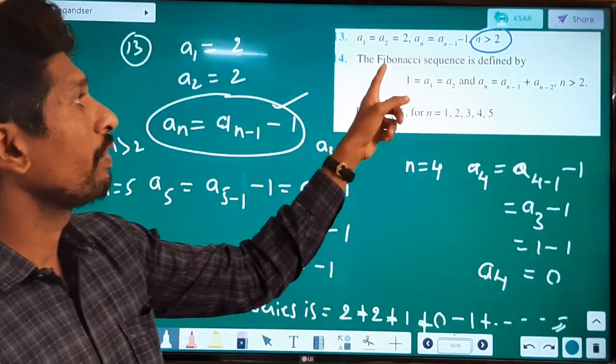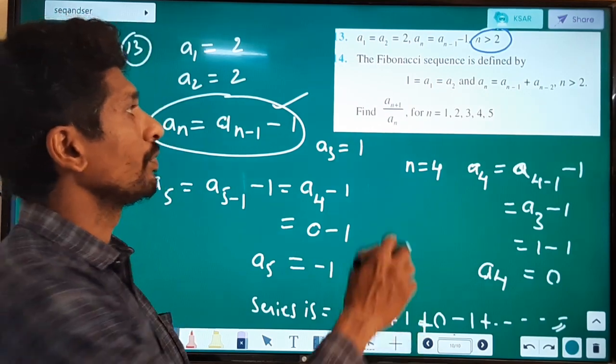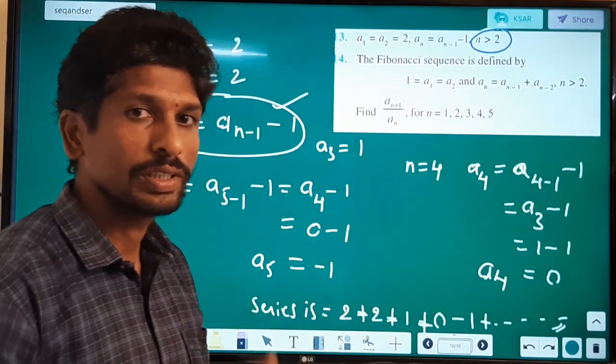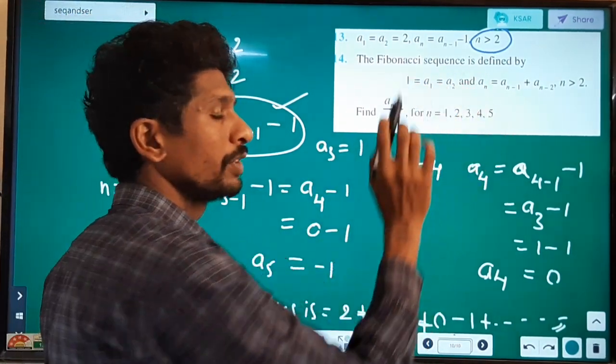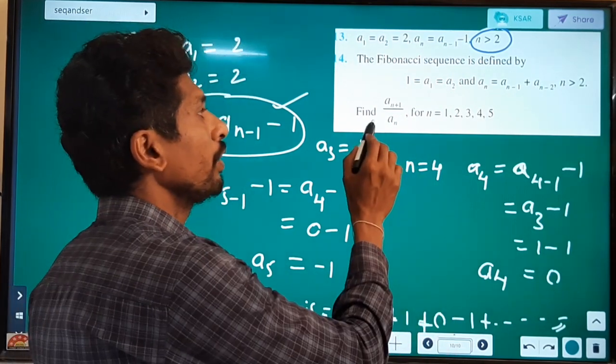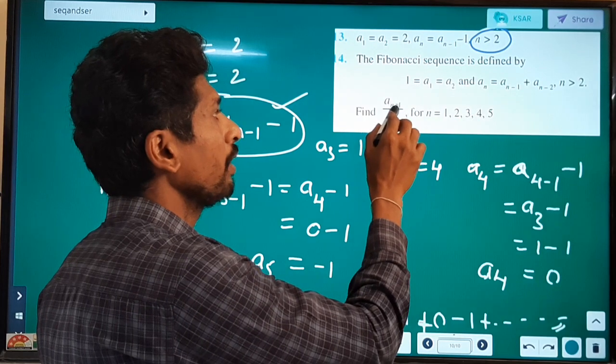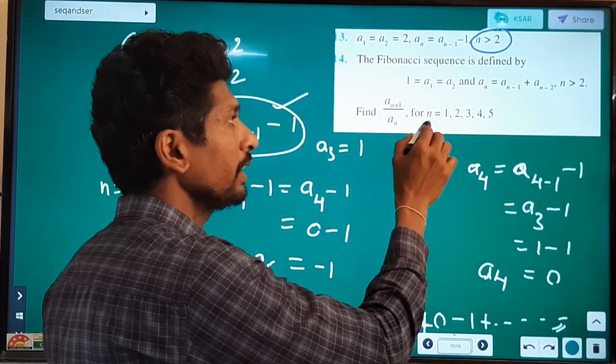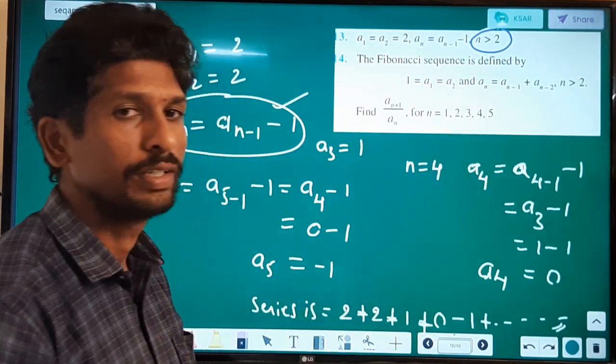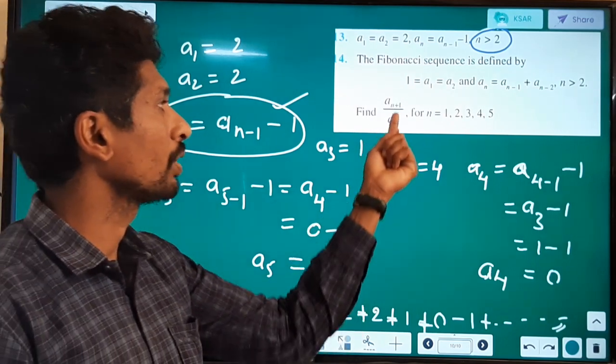So first we have to find out the sequence, and also there are two questions here. One is you have to find out the terms first, and also using these terms only you have to find out an plus 1 divided by an, as n they are given as 1, 2, 3, 4, 5. Up to the fifth term you have to find out the ratio here.